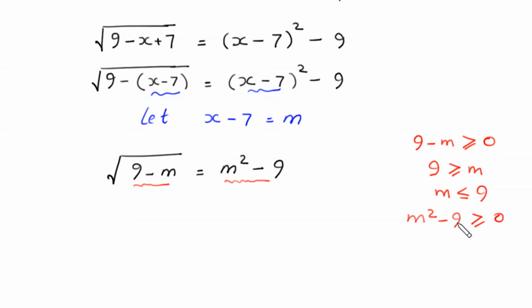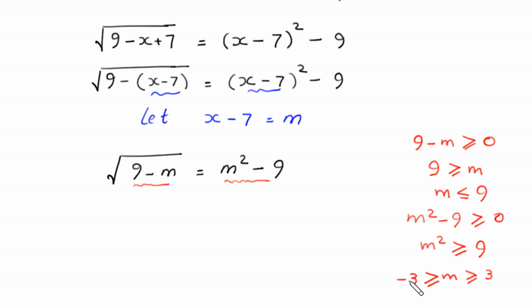If we move this negative 9 to the right hand side, so m squared must be greater than or equal to 9. It means m must be greater than or equal to 3 and m must be less than or equal to negative 3.